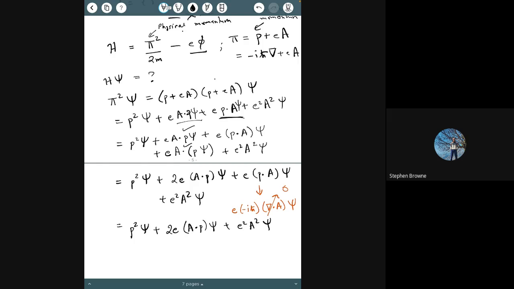Can you explain how you got this factor of 2? I got it from this one. So this and this, the ones I ticked. They're the same term. So A dot P psi is the same as A dot P psi because A is just a vector at a point for every point.